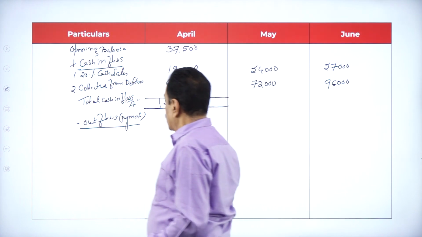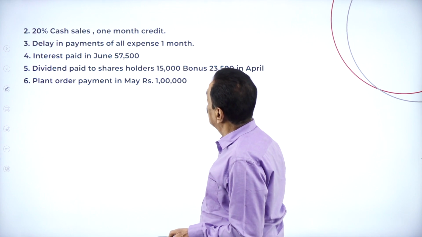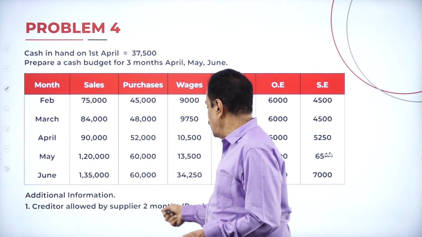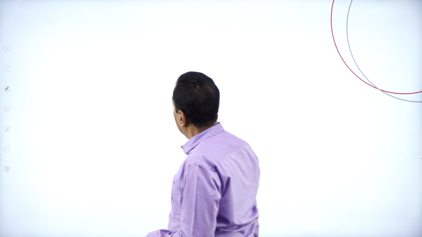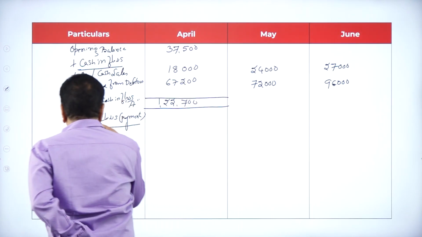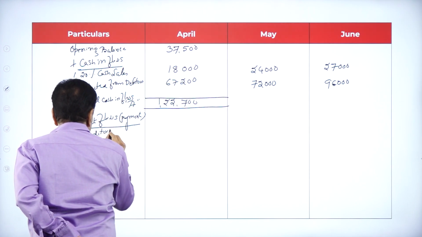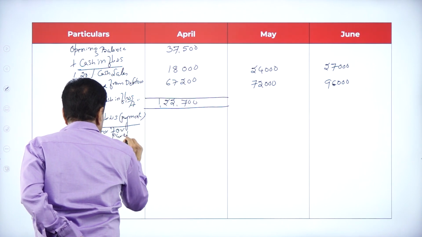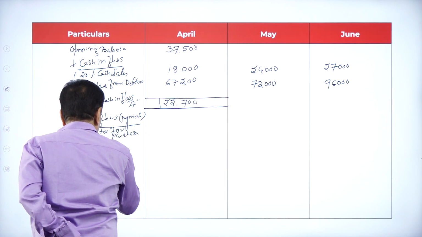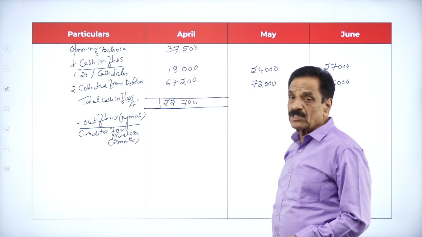Then credit purchases. See that? Creditors are paid after 2 months. Creditor for purchases, 2 months.